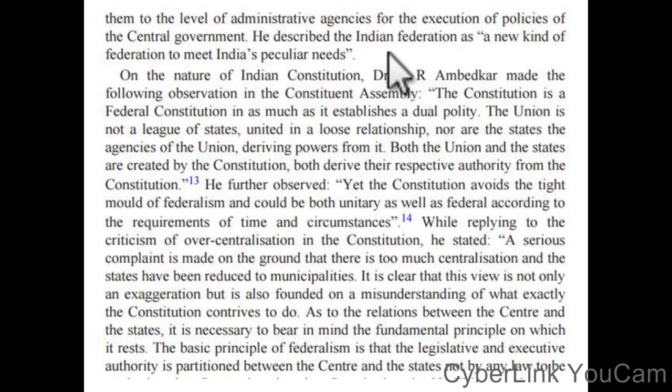He described the Indian federation as a new kind of federation to meet India's peculiar needs.